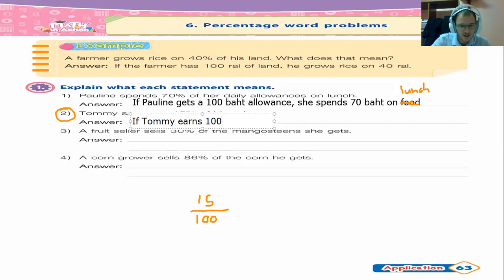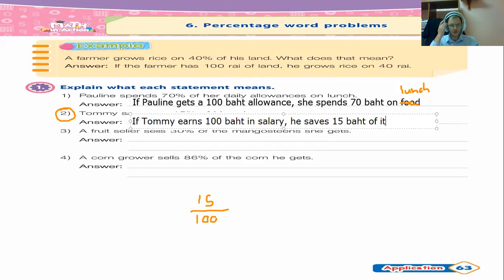If Tommy earns 100 baht in salary, he saves 15 baht of it. Okay, so that's how we can write that answer. Like I said, it might take a little bit of time for you guys to get used to how to write the answers, but with some practice, we will be able to definitely do that.